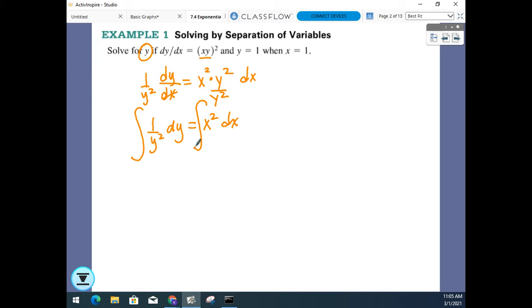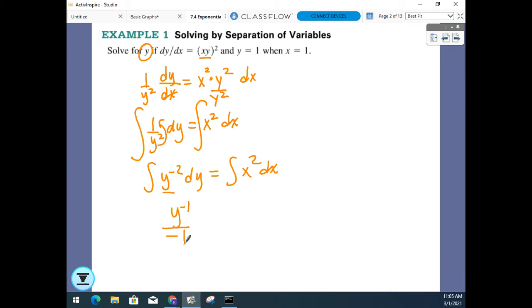Now, when I integrate 1 over y squared, remember we have to move this up. So really what we're integrating is y to the negative 2. I'll just bring this side down. So if I add 1 and divide, that's y to the negative 1 divided by negative 1.